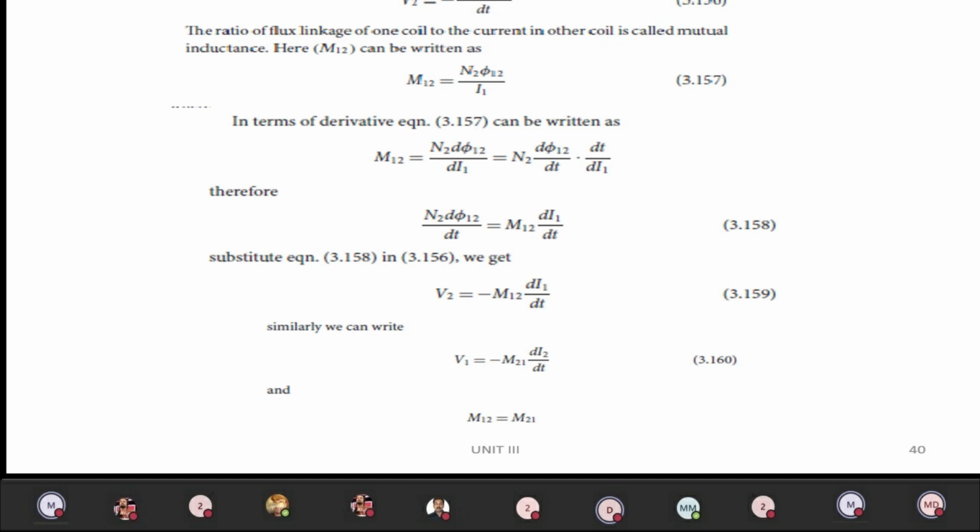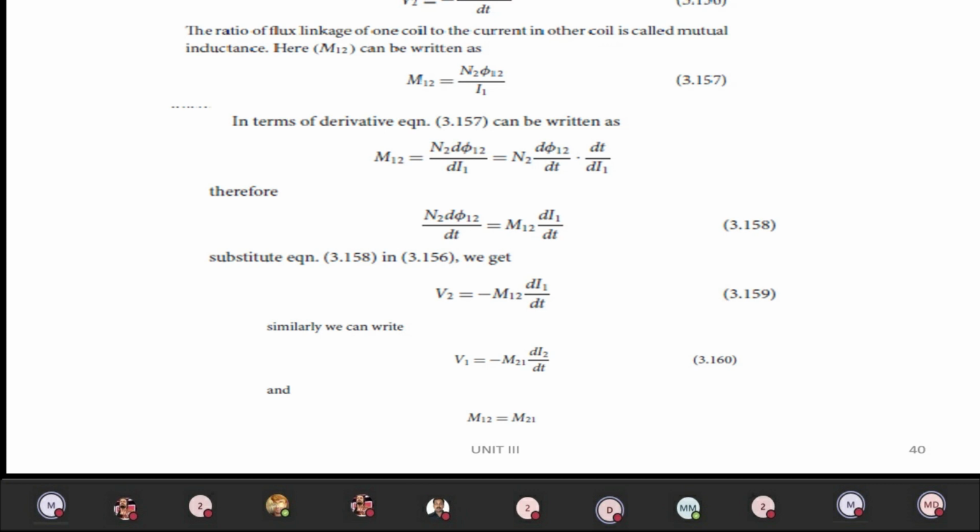We have two mutual inductances, M12 and M21. M12 is because of current I1, and M21 is because of I2. M21 is N1 phi21 by I2.